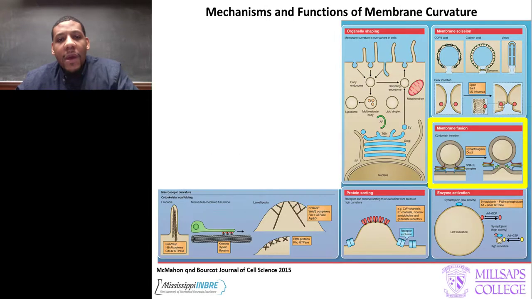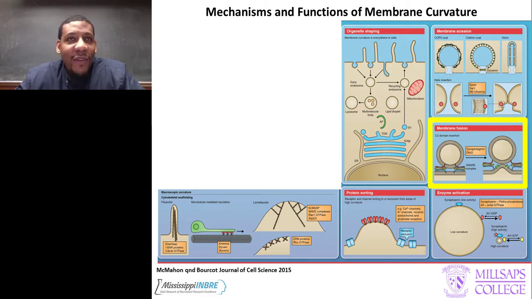Okay, so let's discuss briefly the mechanisms and functions of membrane curvature. Before we get into mechanisms, let's talk about why we might study membrane curvature. One of the things that is really important to understand is that cells have to take on dynamic shapes during their life process.